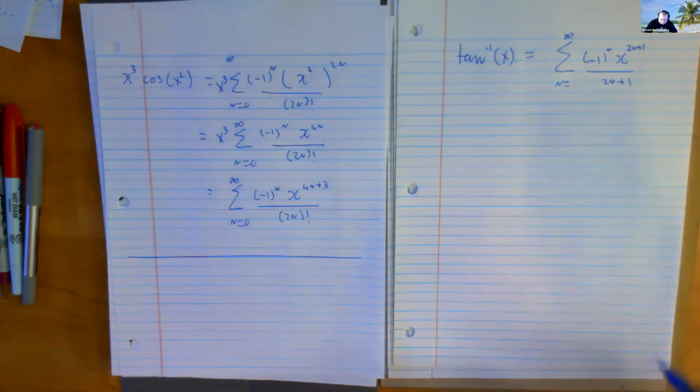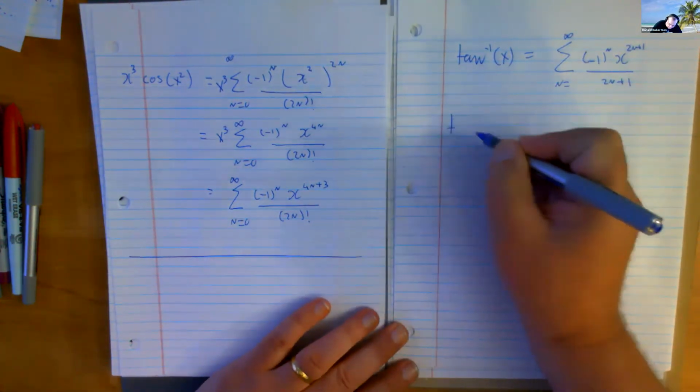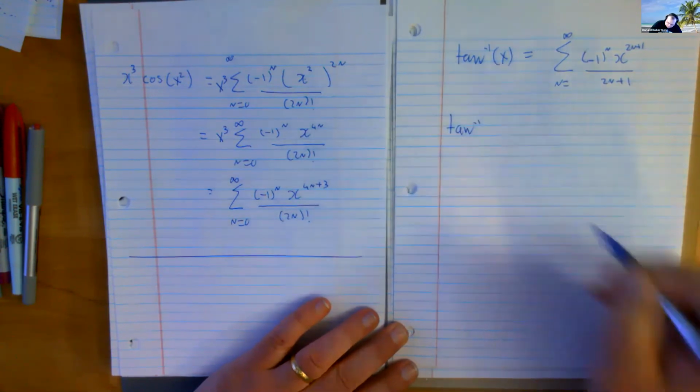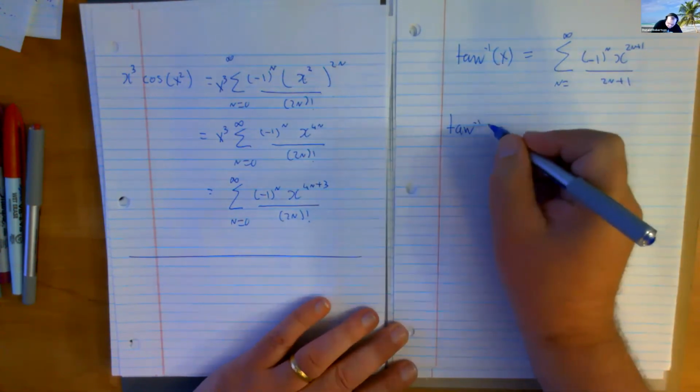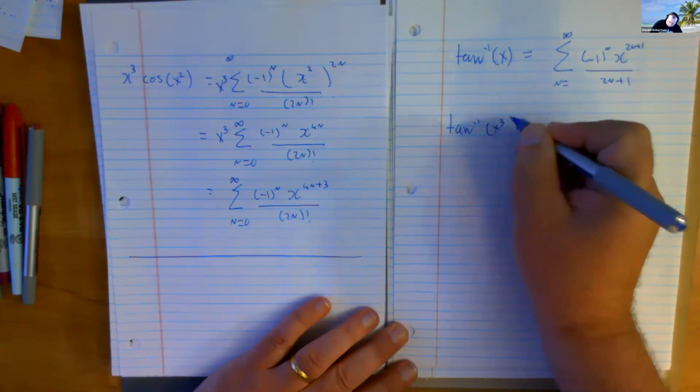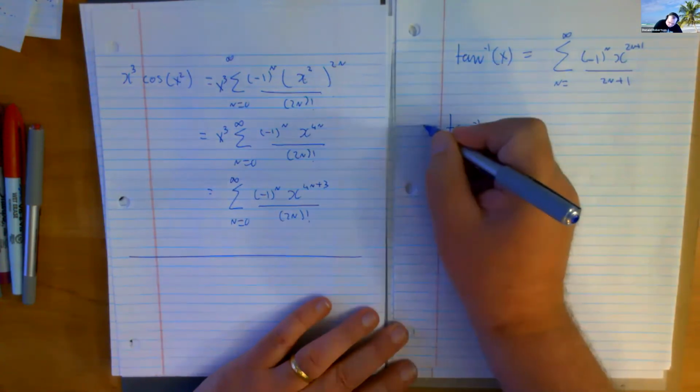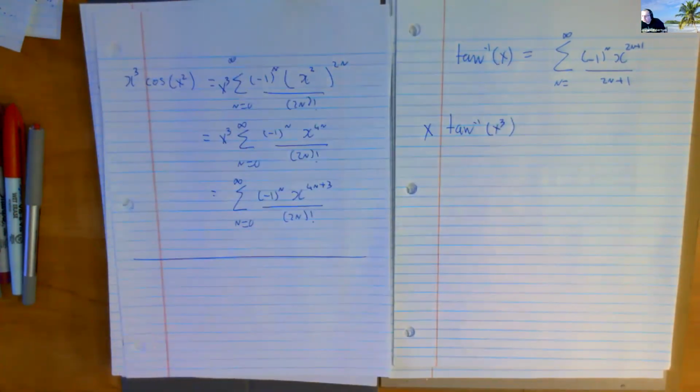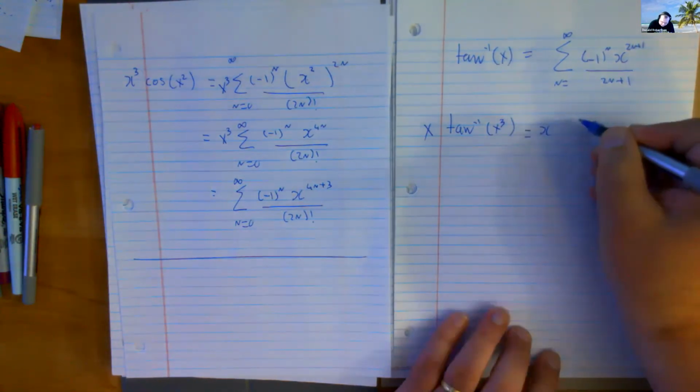Now, I would like to know x times the inverse tan of x cubed. Then it's going to have an x at the front.